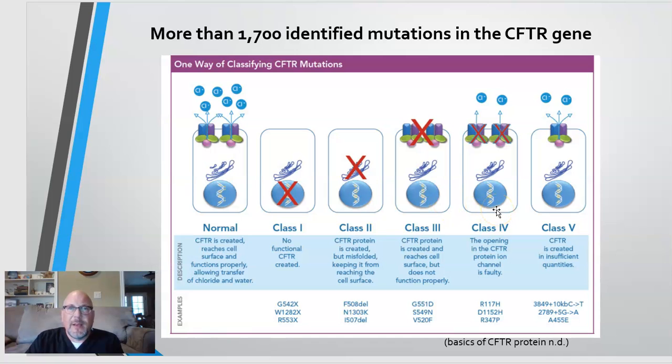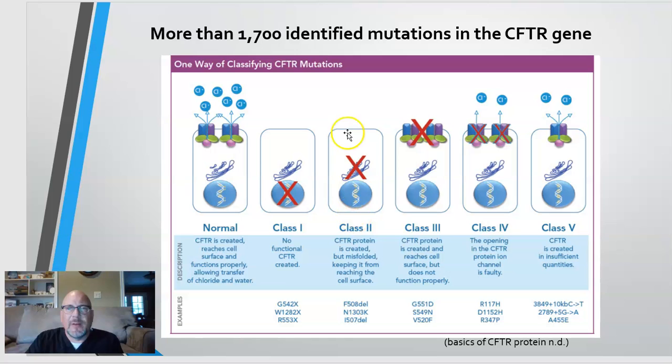There have been about 1,700 identified mutations with CFTR. Normally, the CFTR protein is made and doing its job. With some of the more common ones, you have deletions, mutations or frame shifts, where no functional CFTR is made.